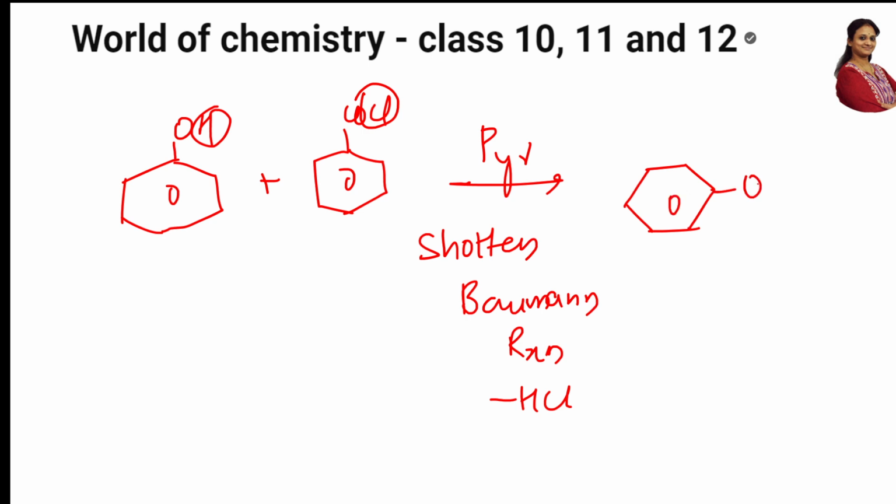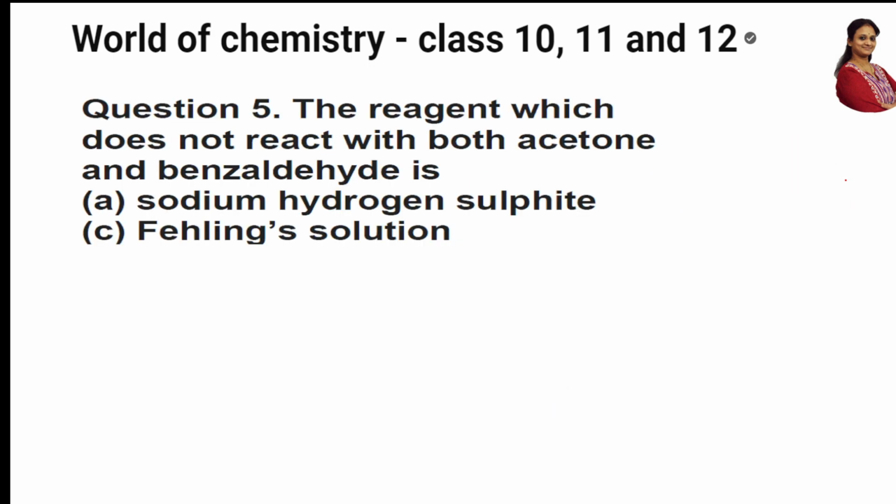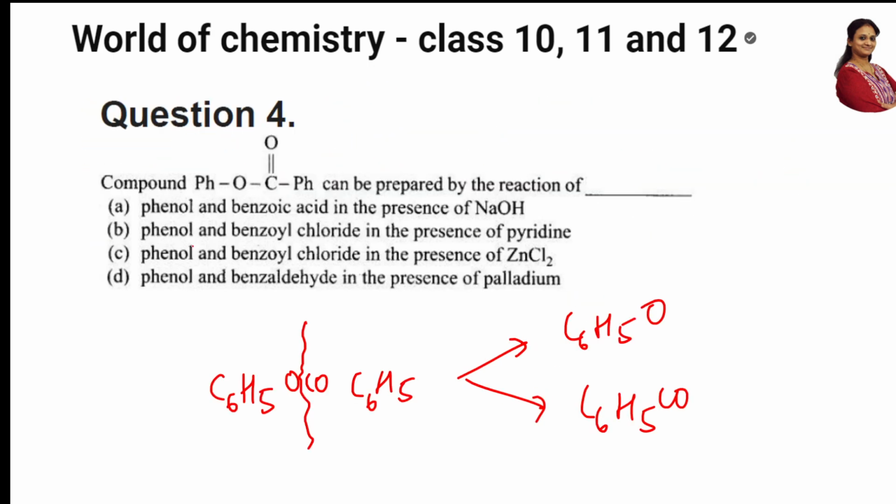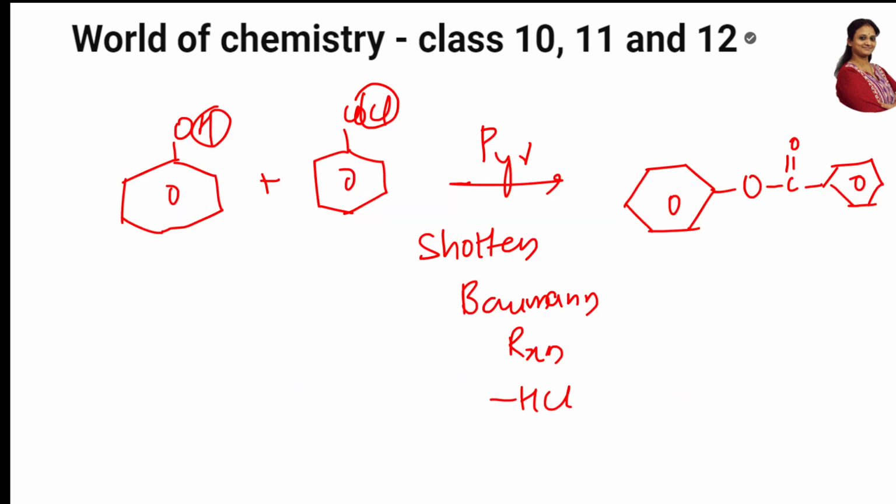So oxygen, C double bond O, and so on. Easy question, students? So note it: phenol and benzoyl chloride in the presence of pyridine can prepare this. So option B. Next question.